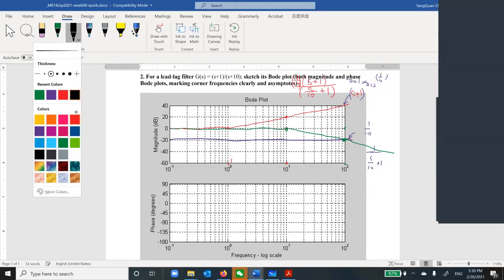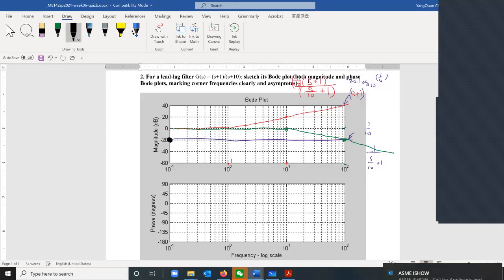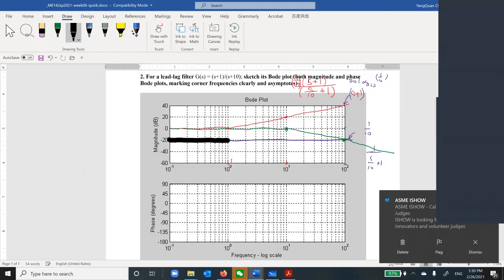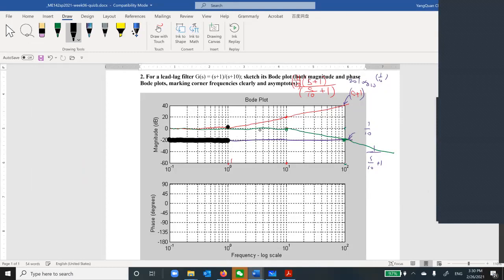Using the tradition here, I'm going to use a very big dot. So then I scan from low to high. So then everything will be minus 20 dB, okay? Until this point, because I add these together, so then I know I'm going to have this black line in here, until this point. But after this point, I'm going to have going up and going down, they cancel out.